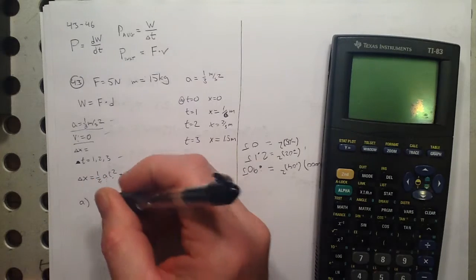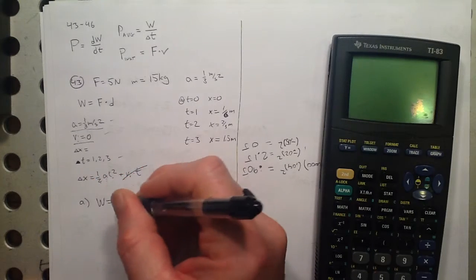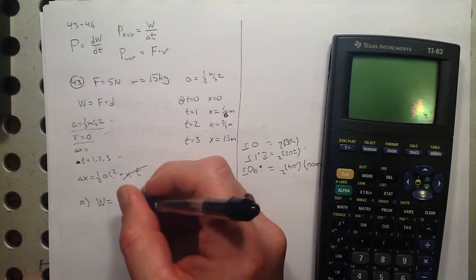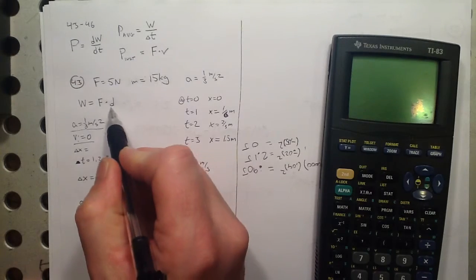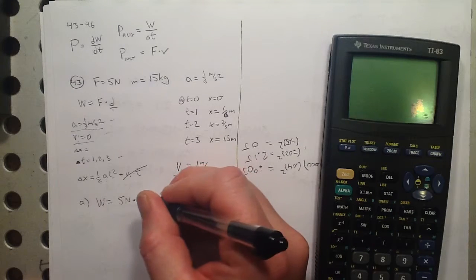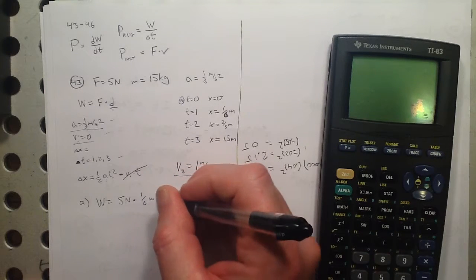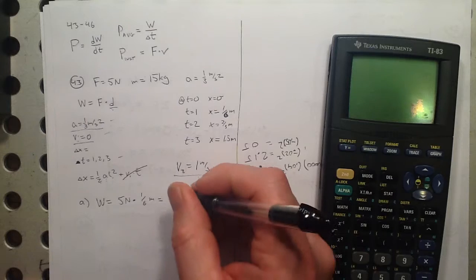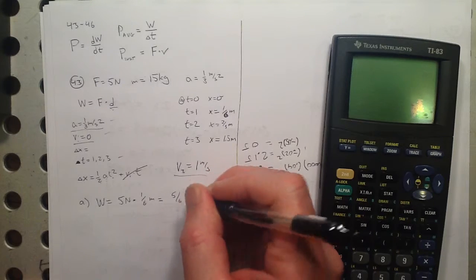So for part A, work is equal to force times the distance it went in the first second. It started at 0 and went to 1/6, so that's 1/6 meter. Newtons times meters is joules, so it'd be 5/6 joules there.